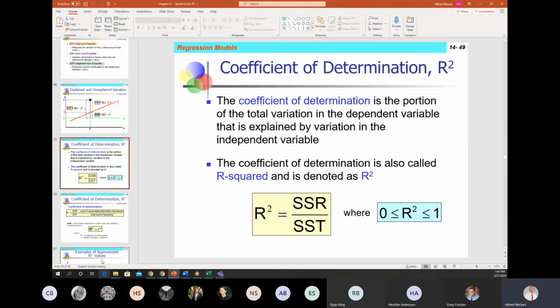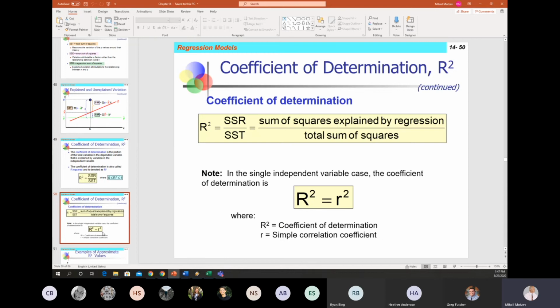Now look carefully. Though the coefficient of determination is simply a square of the correlation coefficient, they have totally different purposes. The purpose of the coefficient of correlation is to measure the strength of the relationship between the variables of interest.